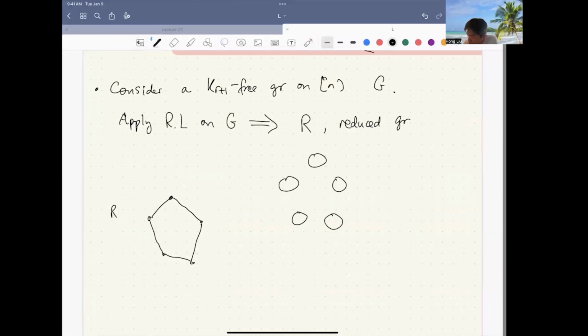Remember this graph G_R, which is a subgraph of G, and the number of edges of G_R is the number of edges of G minus little o of n squared. So you delete few edges not corresponding to R in G. It looks something like this. This is G_R. Okay.